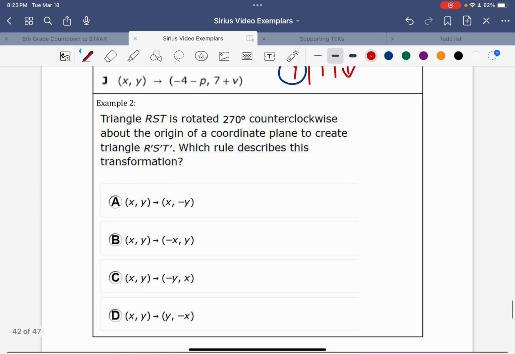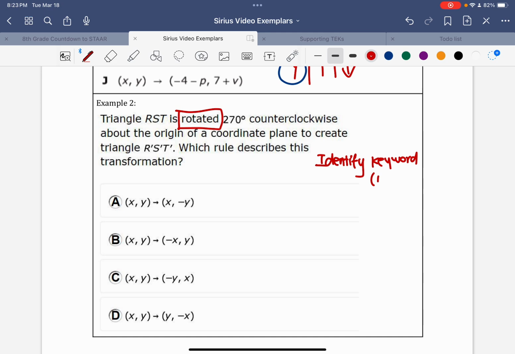Example number 2, we have triangle RST is rotated. Okay, this is my keyword again. Step 1 is identify the keyword, which is what? Transformation, right? And then step number 2 is just find a rule.